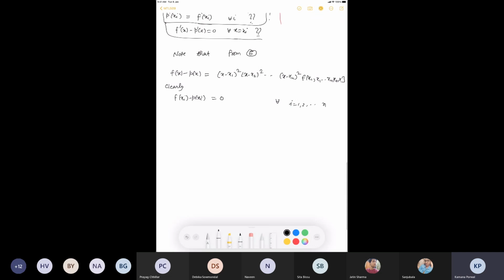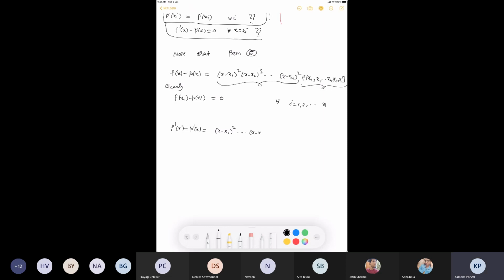Now what happens to the derivative of f and p? Let's compute f prime of x minus p prime of x. I'm simply going to differentiate this equation 5. I'm taking this as one function and this as another function, and differentiating.